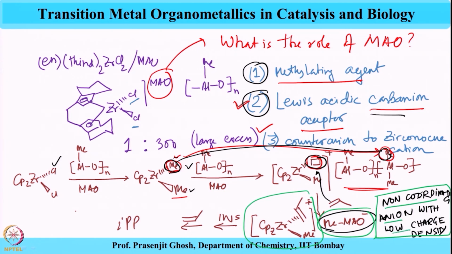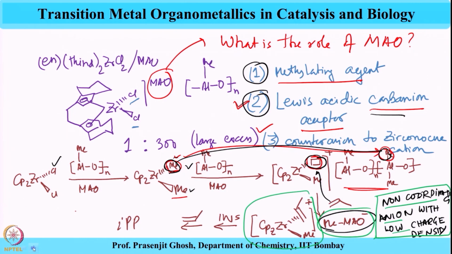Now, what it implies is that this can be achieved with any other non-coordinating anion with low charge density, and that should also be equally effective. And the ingenuity of organometallic chemists comes into play, where indeed such well-behaved catalysts were developed with other non-coordinating anions, which were extremely good for polymerization.